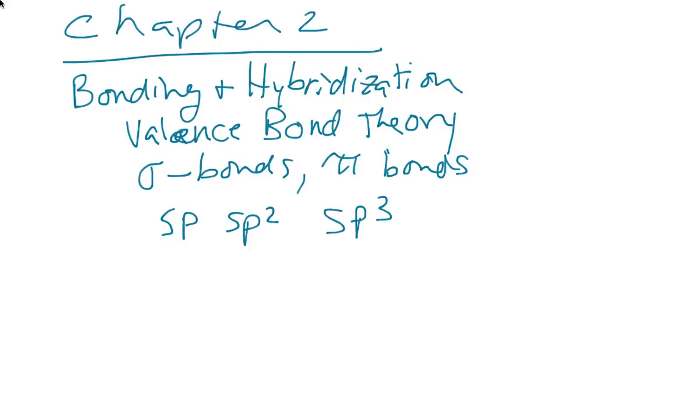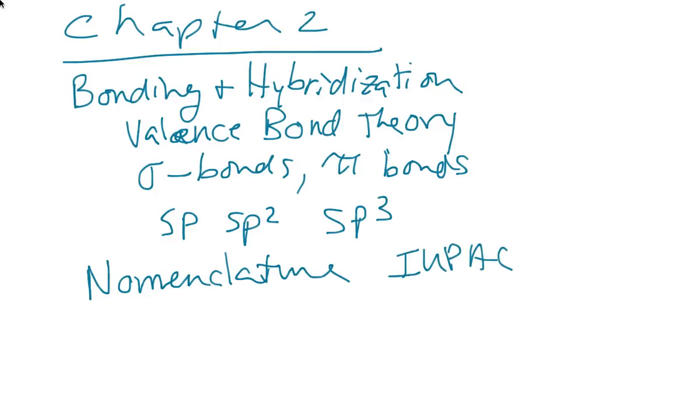In Chapter 2, we also talked about how to name molecules, so nomenclature. It's important to be able to speak the language. The IUPAC rules. And we talked a little bit about alkane reactions and reactivity, combustion.